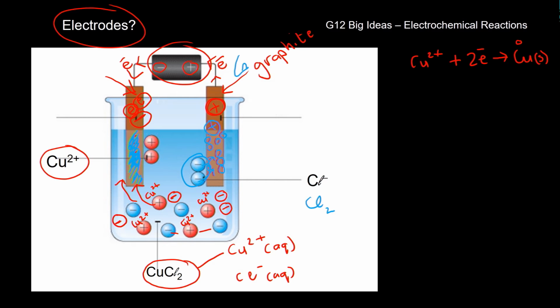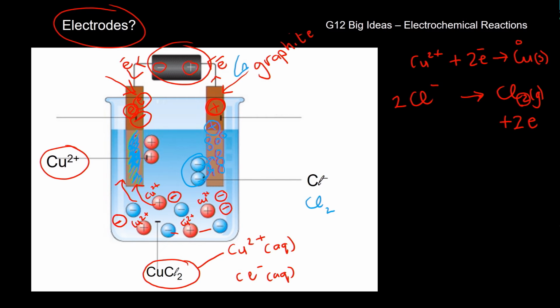The chloride ion is forming chlorine gas, okay, so it's a gas, by giving away an electron. But there are 2 of them. Have a look there. So we need 2 chloride ions to make the chlorine gas, and so the net number of electrons given away will be 2.